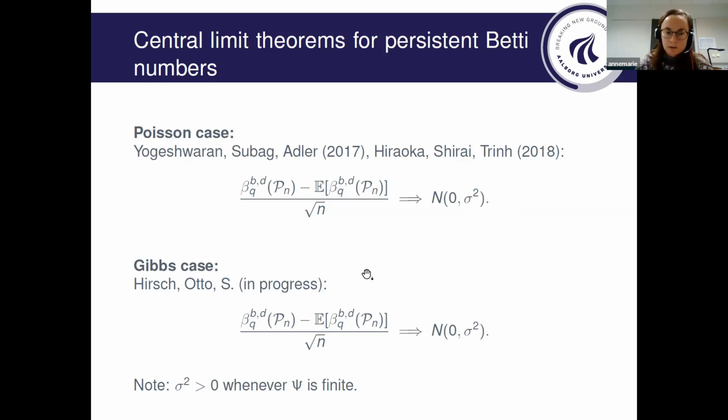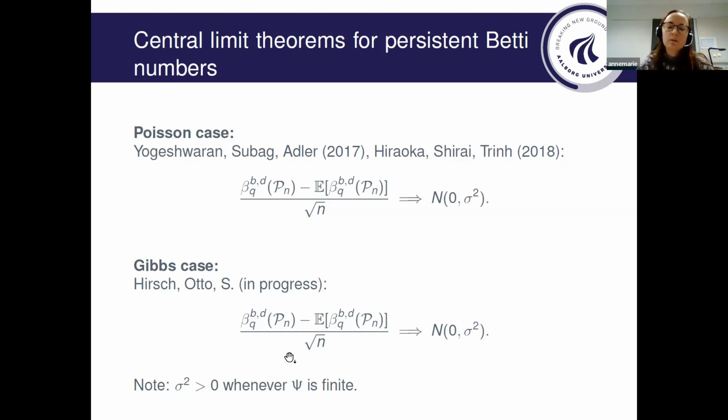So in an ongoing project, we are working on generalizing this to the case of the Gibbs point processes that I showed you in the beginning of the talk. So these were the repulsive point processes.